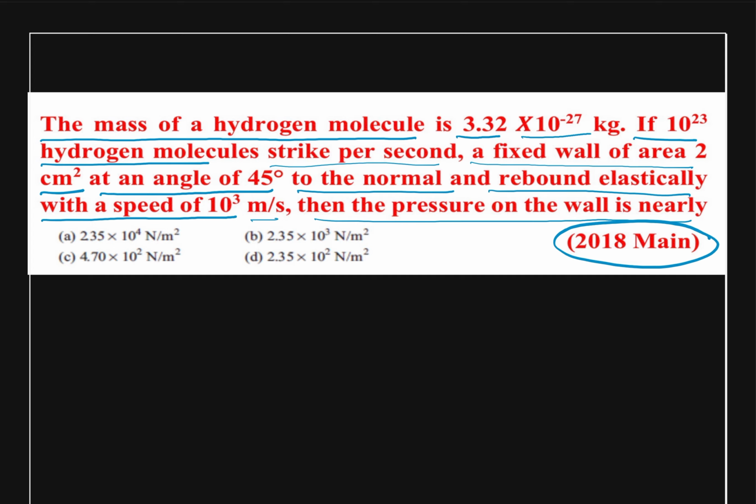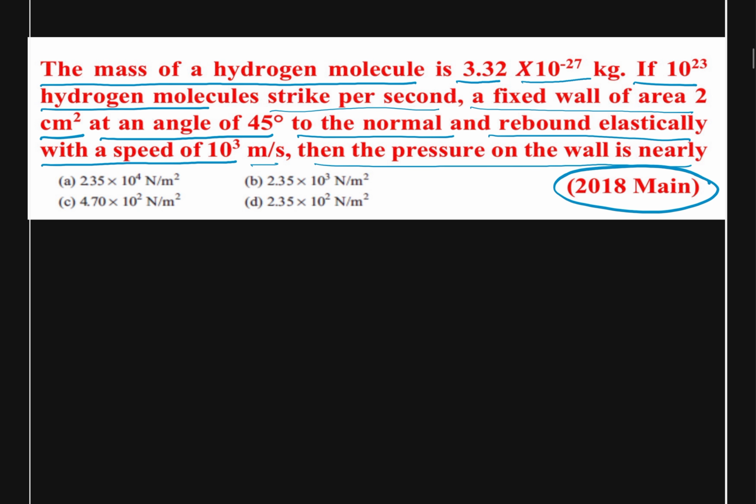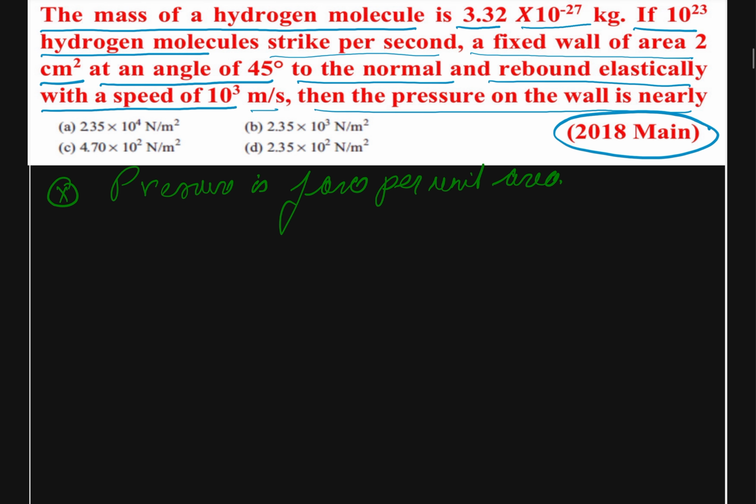And we know that pressure is force per unit area, and force is rate of change of momentum. So we are going to find out the rate of change of momentum, and that is going to help us in finding the further part. So pressure is force per unit area, and force is rate of change of momentum.